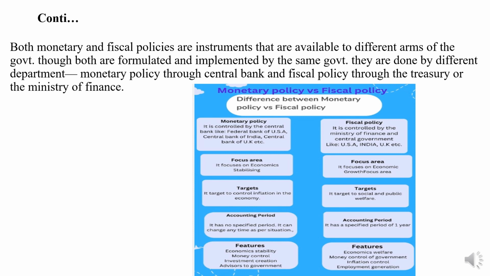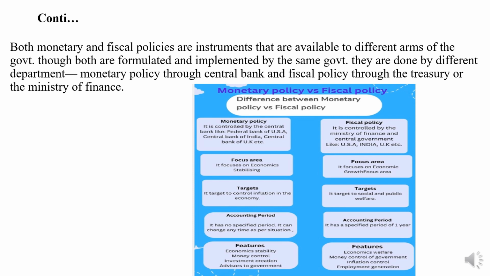Now we will discuss some other differences. The monetary policy is controlled by the Central Bank, like the Federal Bank of USA, Central Bank of India and Central Bank of UK, etc. On the other hand, the fiscal policy is controlled by the Ministry of Finance and central government like USA, India, UK, etc. The monetary policy focus is on the economic stabilizing.